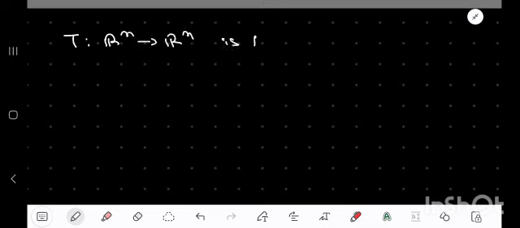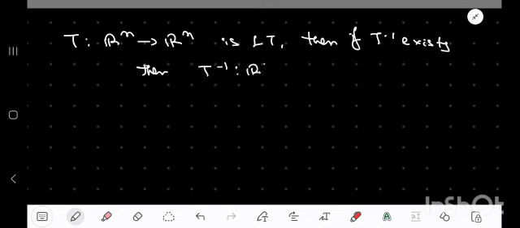One of the leading ways to check the invertibility of a linear transformation is very simple, so let me state it. We know that if T is a linear transformation from Rn to Rn, and if T inverse exists, then T inverse from Rn to Rn is also linear. You can check this on your own; it is a pretty routine check.